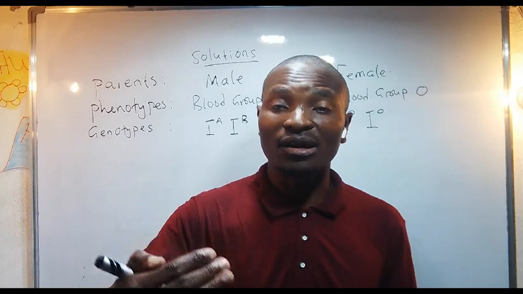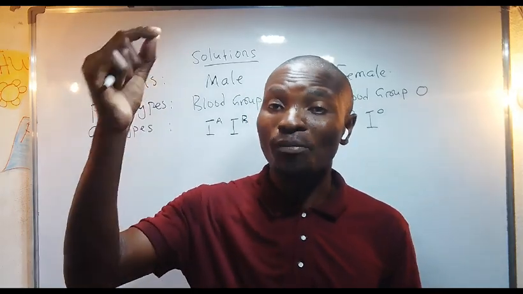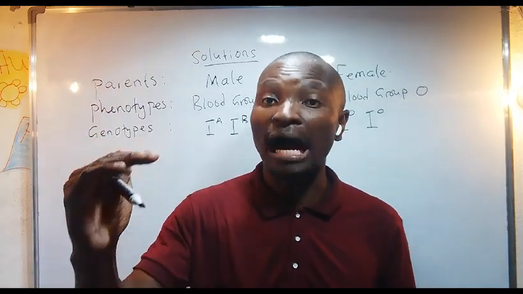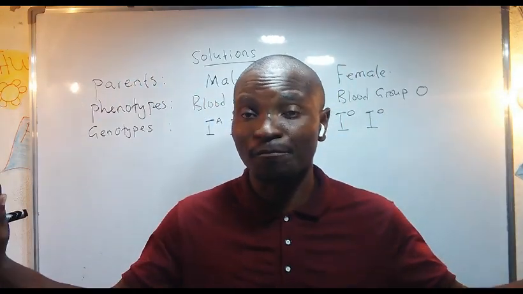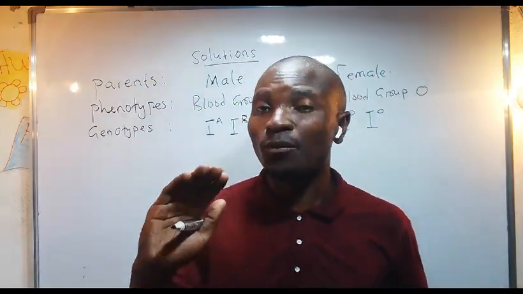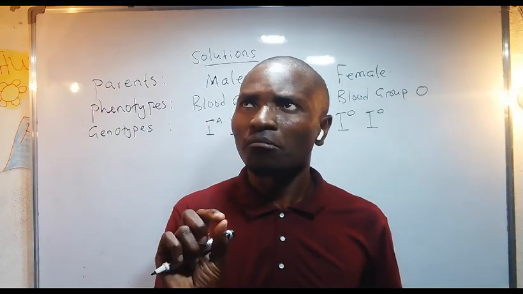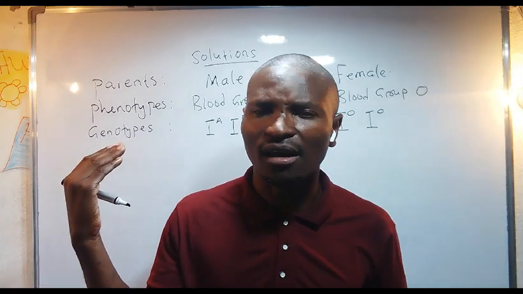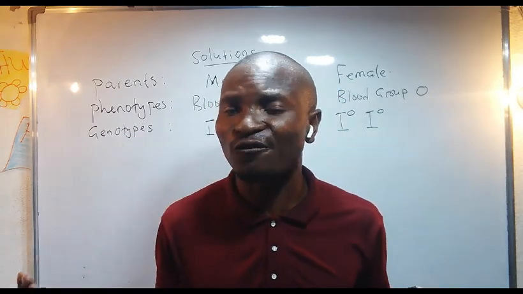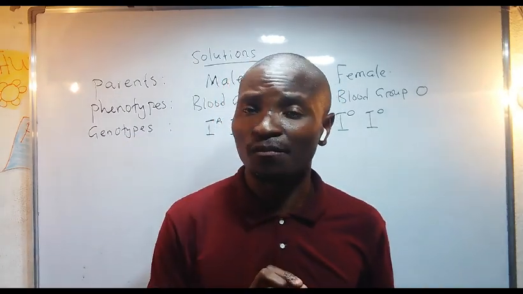We use a capital letter I, and then the actual blood group we put as a power, as you can think of in mathematics. The next important thing you have to understand, as you are writing those terms, is that we have to be able to identify or rather define them.